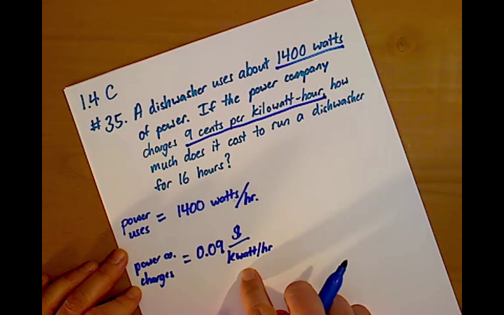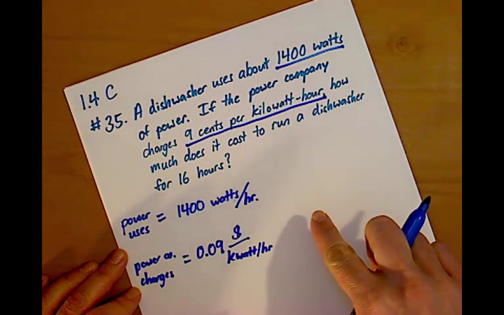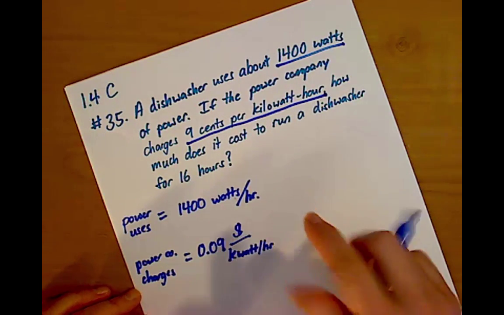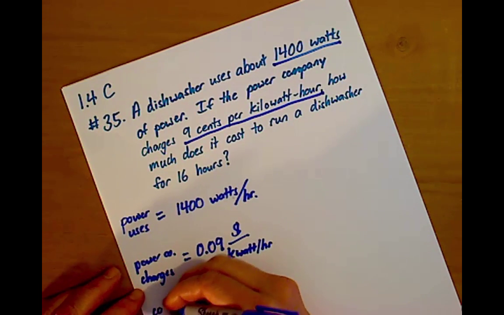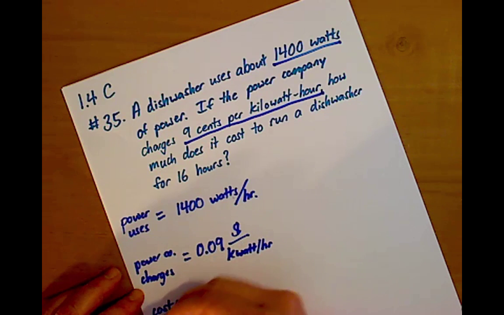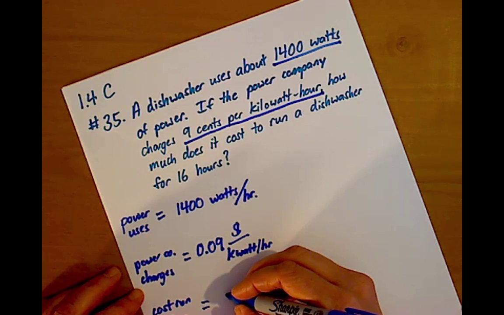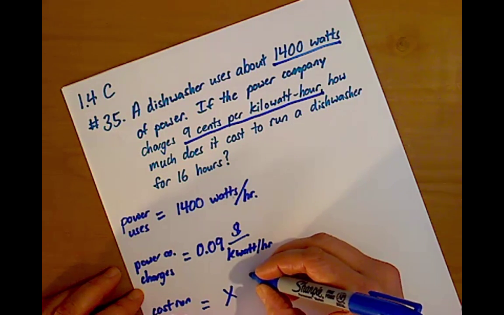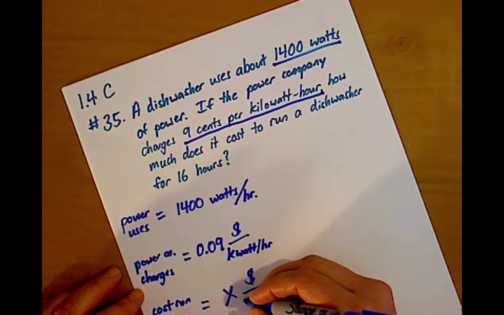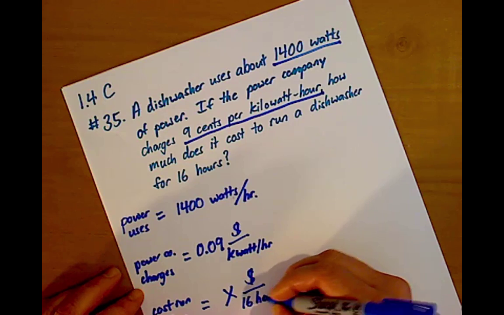And how much does it cost to run the dishwasher for 16 hours? Cost to run for 16 hours. So we don't know, but we want to know the cost for 16 hours.